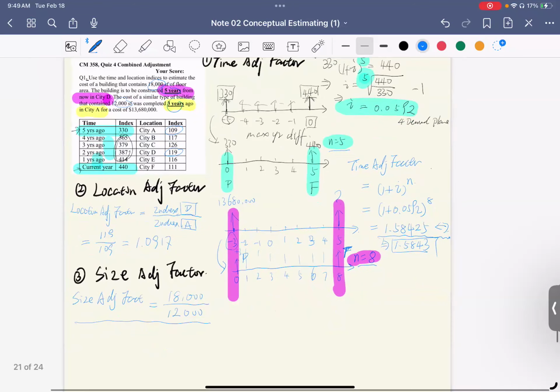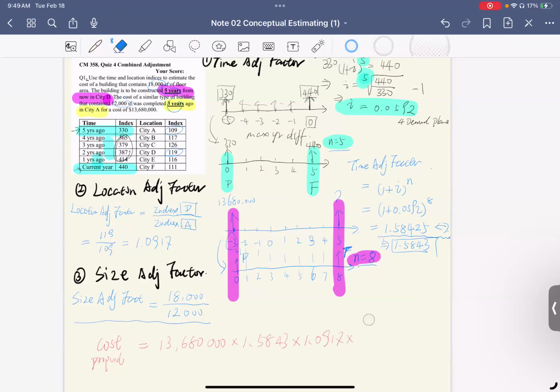So we're finding those out. We are going to make a conclusion here: the cost for your proposed project is equal to your known project, which is 1,368,000, times your time adjustment 1.58143, times your location adjustment 1.0917, times your size adjustment. For this size adjustment you can write down a number here.